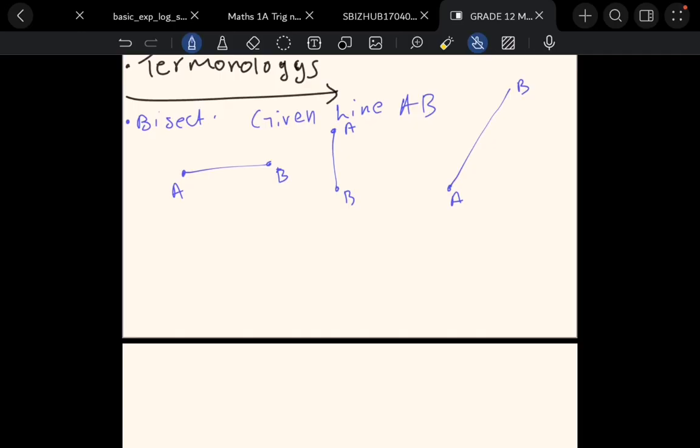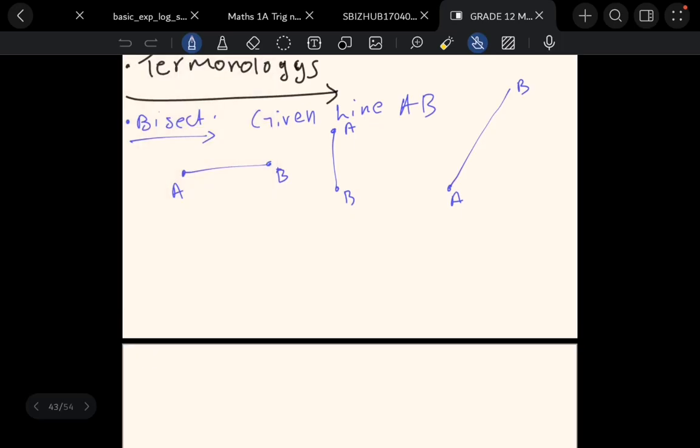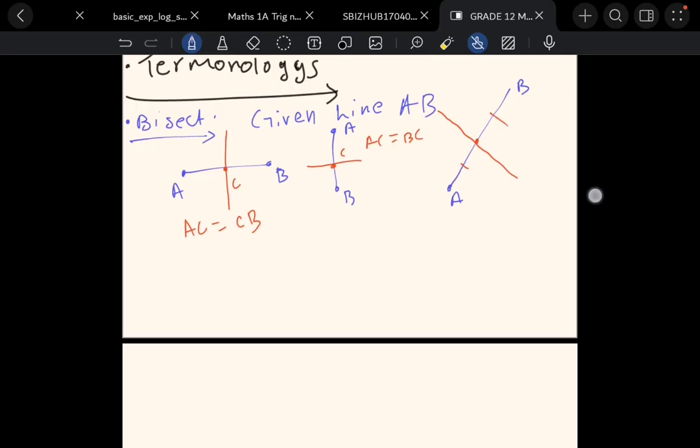When I say a line bisects AB, it means the line cuts AB in half, which means AB will be divided into two. Let's just call that point C, which means distance AC is equal to distance CB. If a line bisects AB, it means this side is equal to this side, which we can represent with tick marks.